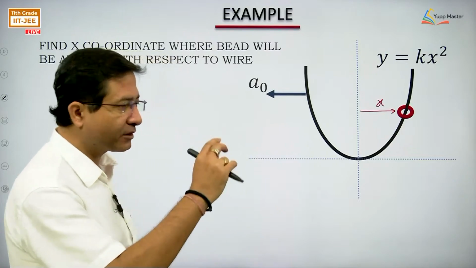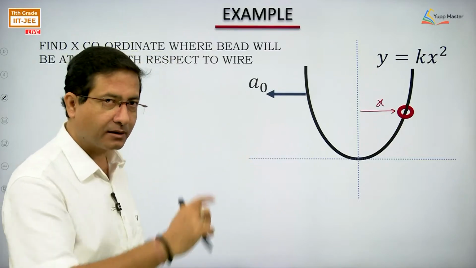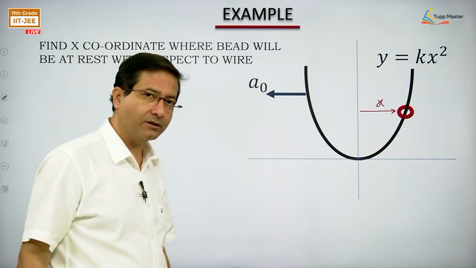If the bead is at a particular position with respect to the wire, then what should be the value of acceleration a0?